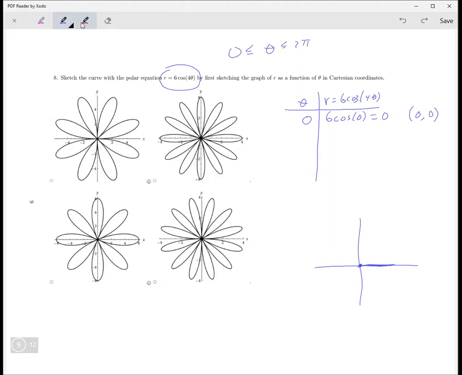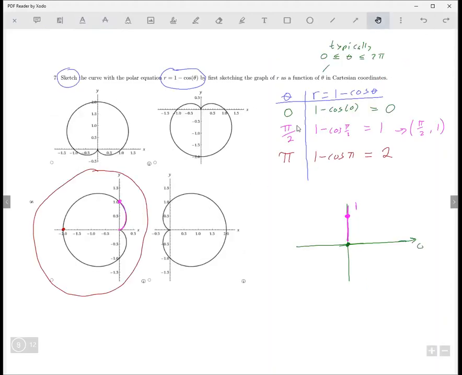Now for choosing the next point, notice that I have a 4 theta in here. With the previous problem, the next point that I chose was like pi over 2. Wait a minute, what am I doing?